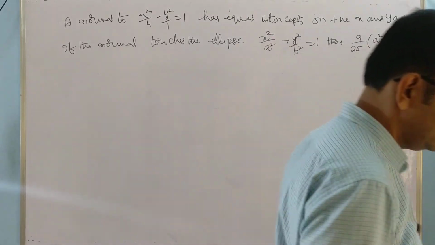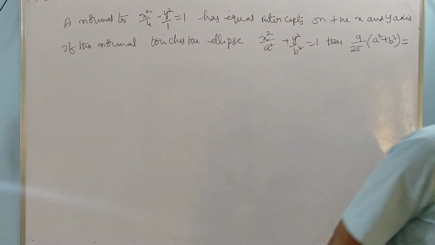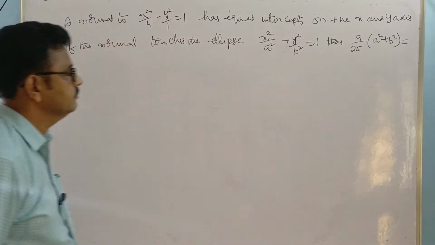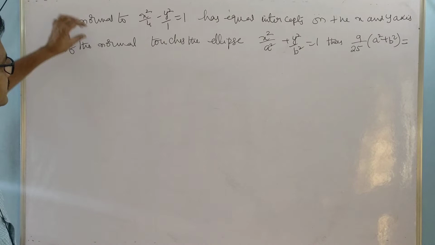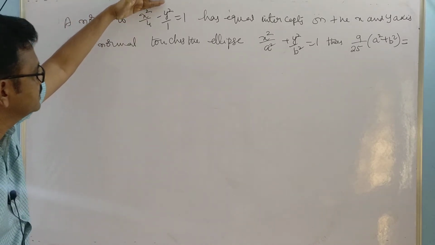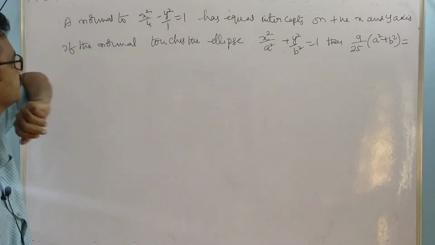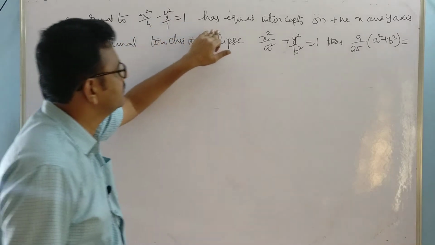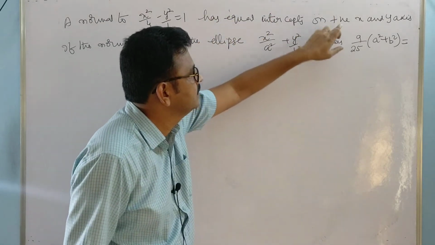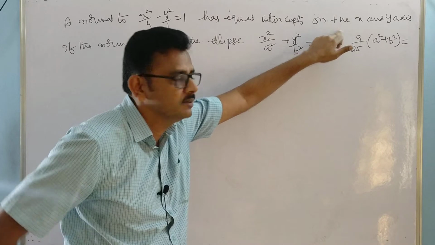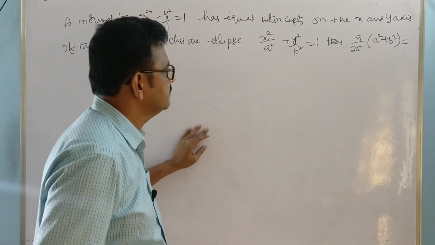Generally these types of questions are integer type questions. Once you go through the problem, if you are able to understand this question, the answer is simple. A normal to the hyperbola has equal intercepts on positive x-axis and y-axis. Equal intercepts means what?